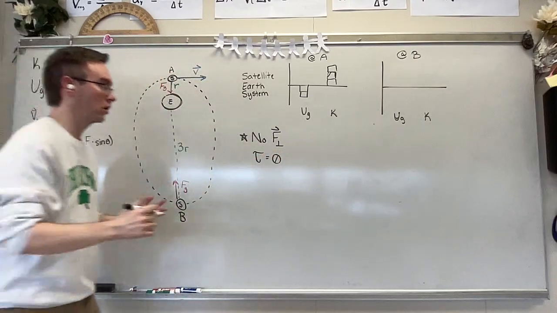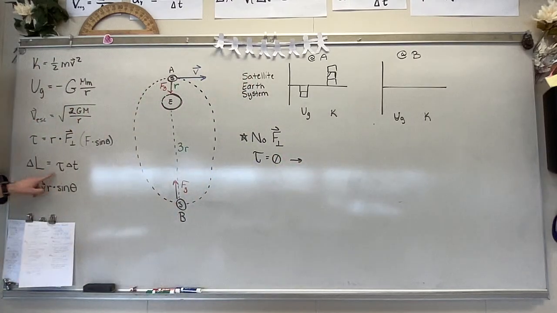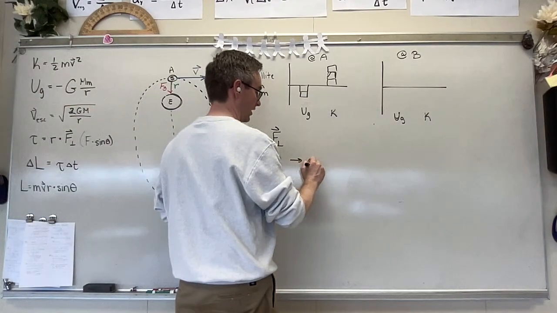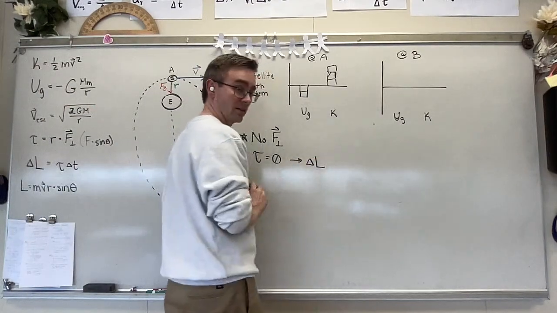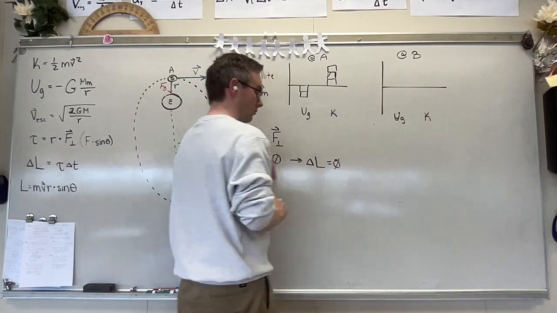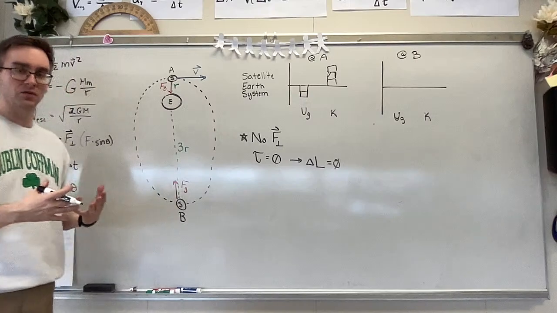If the torque is equal to 0, then there is no change in angular momentum. That change in angular momentum is going to be equal to 0, which means angular momentum is going to be conserved.